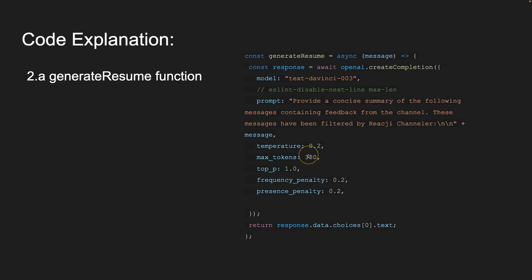It is interesting in this function that we use a temperature of 0.2 because we don't need a lot of creativity. We need to be as close as possible to the real message. And the other interesting parameter is that we use a max number of tokens of 300 because this summary could be long.